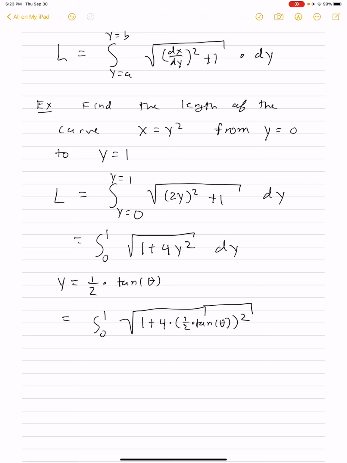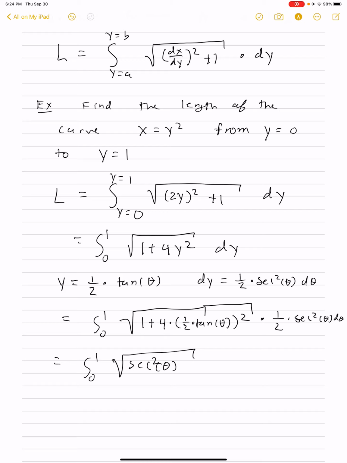We're going to have to replace dy. dy becomes 1/2 secant squared of theta d theta. Inside this square root, we're going to have 1 plus tangent squared. That becomes this integral of secant of theta squared times 1/2 times secant squared of theta d theta.